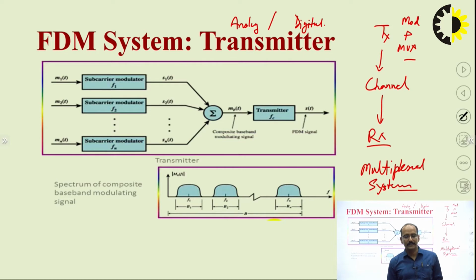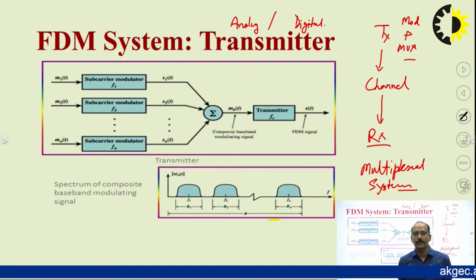In frequency division multiplexing we divide the available bandwidth into various channels or among various users. If you have a 300 megahertz frequency band and 3 users are going to use it, then you divide that 300 megahertz among the 3 users by giving each of them a 100 megahertz frequency band.